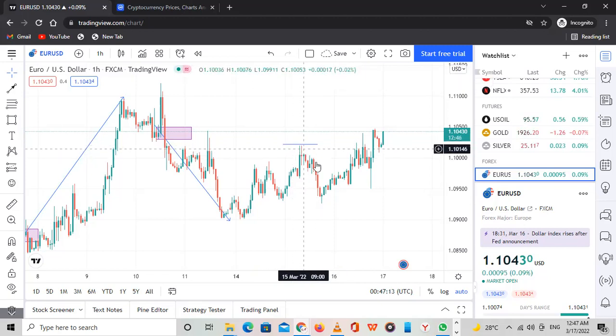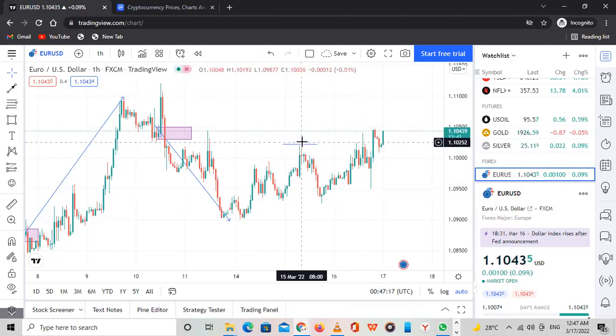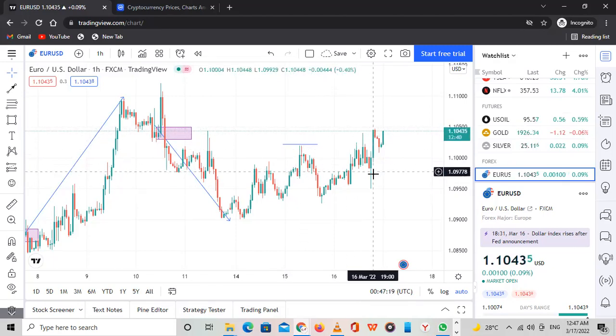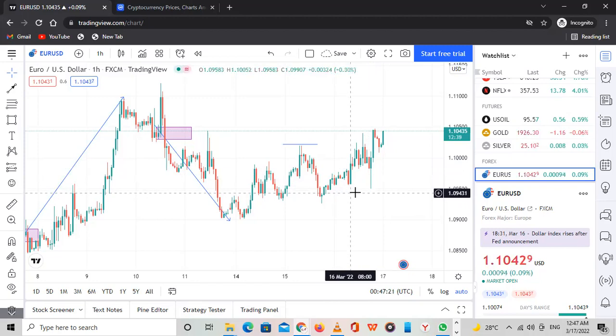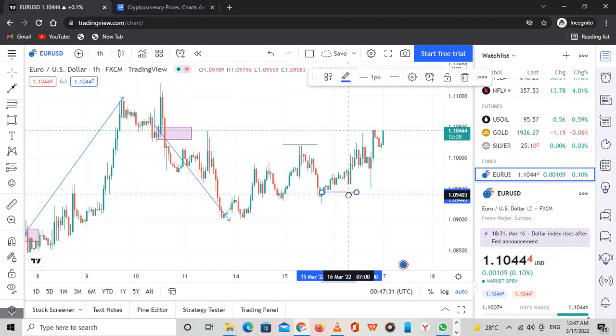There's the high, right? The market came all the way up here, boom, took the buy side liquidity, and then look what happened. They went down, and you can see that it's happening over and over again.